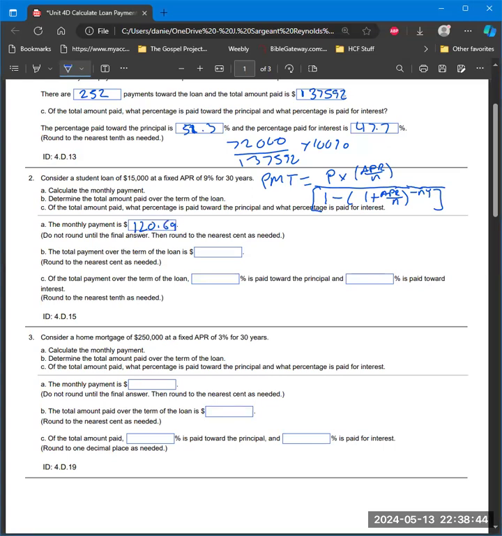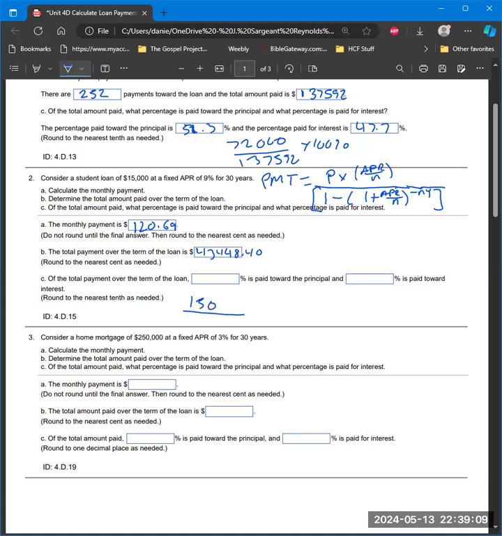Then the total payment over the term of the loan, 120.69 times 12 times 30, is going to be 43,448.40. Of the total payment over the term of the loan, what percent went to principal?